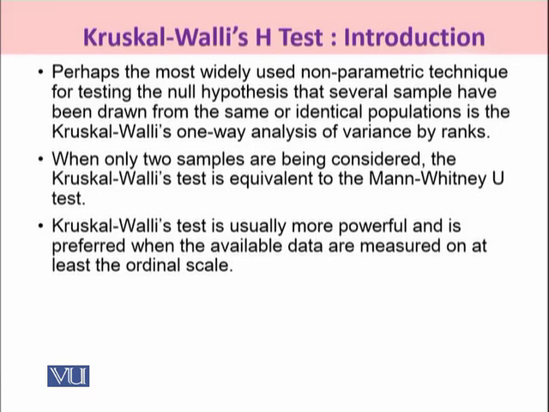We are not going to take the actual observations; rather, we convert our observations into ranks. If we have arranged all the observations, then the smallest rank is assigned to the smallest difference between the medians, and the largest rank is assigned to the maximum difference.